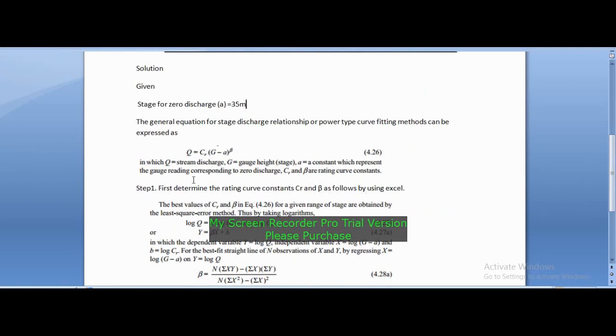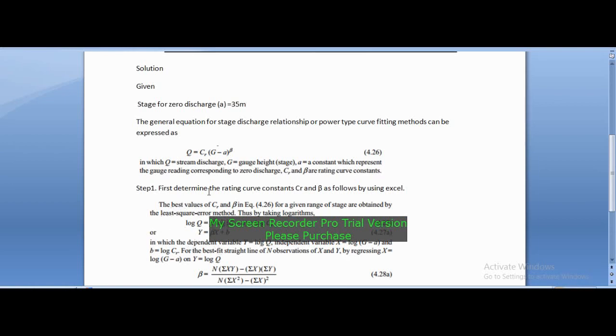In order to determine these two constants, you should convert the above equation, Q is equal to CR into (G minus A) to the power of beta, into a logarithm form for the least square method: log Q is equal to beta log (G minus A) plus log CR. By using the logarithm property, log of CR (G minus A) to the power of beta is equal to beta log (G minus A) plus log CR.